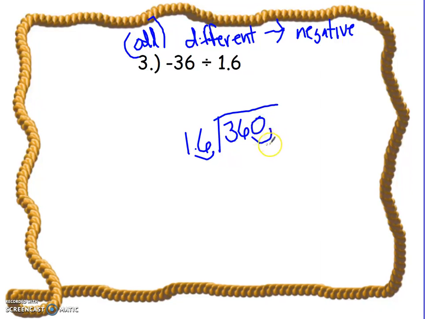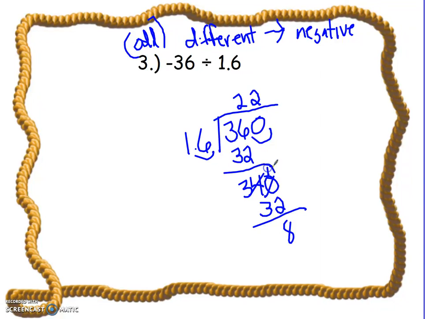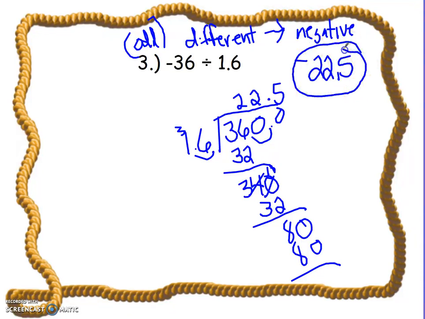So we're going to hop this once. 16 can go into 36 2 times. 16 can go into 40 2 times again. And then we are going to have to add a decimal and a 0. 16 can go into 80 5 times. 6 times 5 is 30. 5 times 1 is 5, plus 3 is 8. We're going to have negative 22 and 5 tenths.